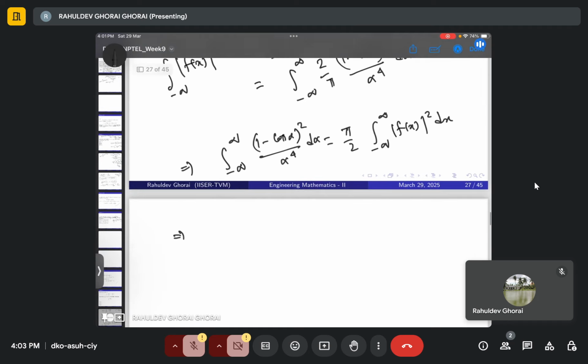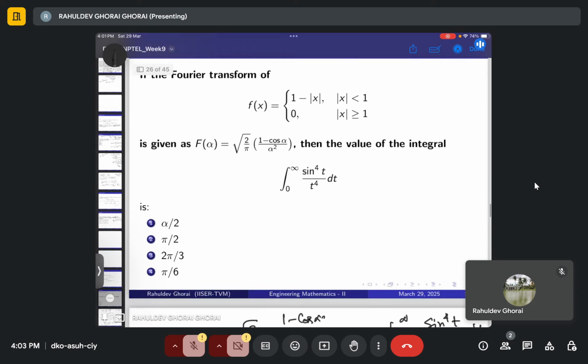Now see, 1 minus cos alpha is nothing but 2 sine square alpha by 2, right? And now I take the whole square as it was. Now time comes to see what the function f x is. f x is 1 minus modulus of x when modulus x is less than 1, and when modulus x is greater than or equal to 1, then it is 0.